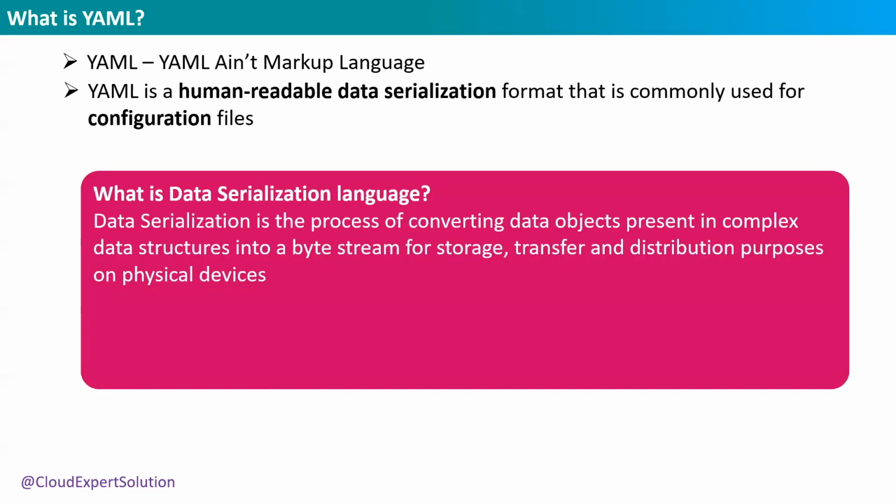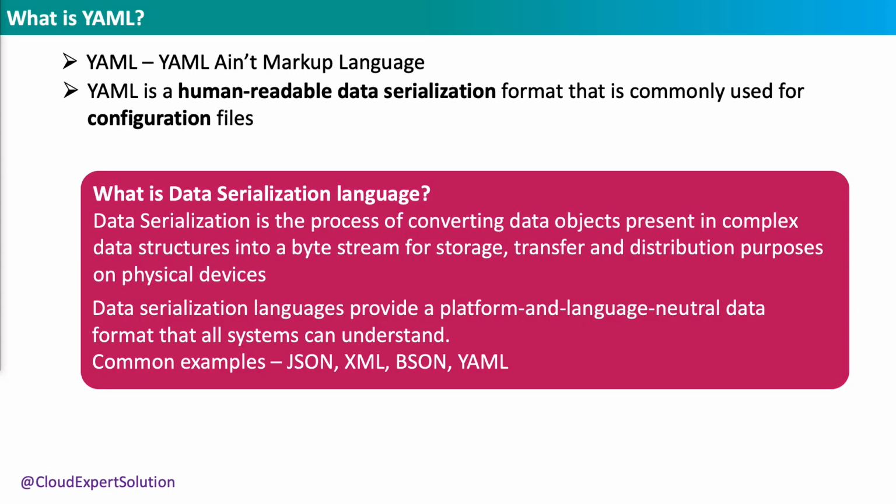First, we'll review what is data serialization. Data serialization is the process of converting data objects present in complex data structures into a byte stream for storage, transfer, and distribution purposes on physical devices. Now we understand what serialization is.